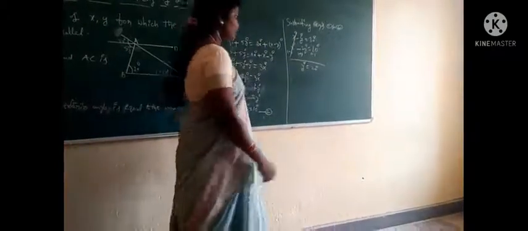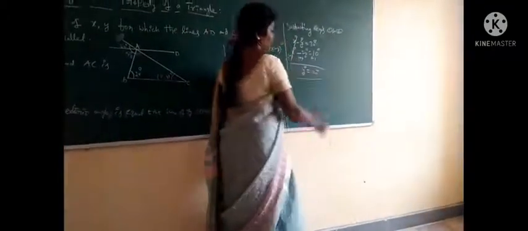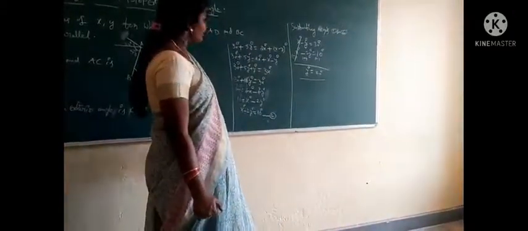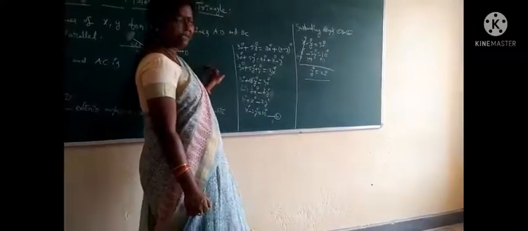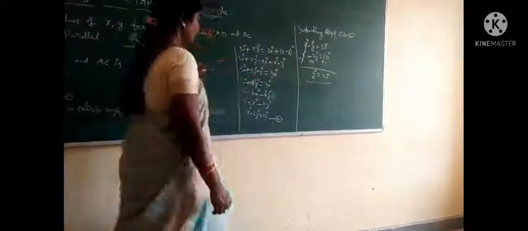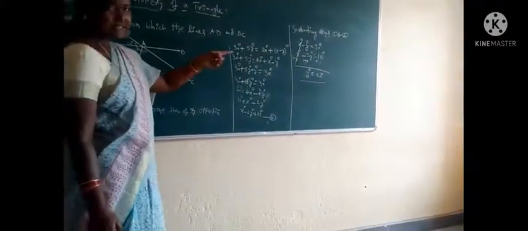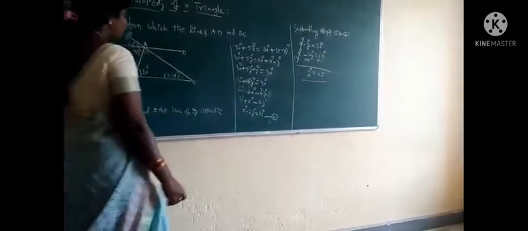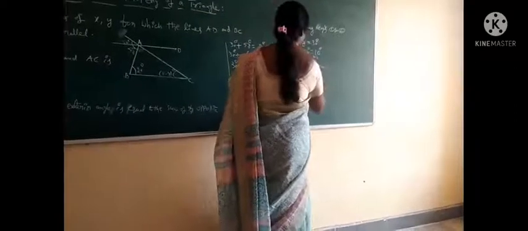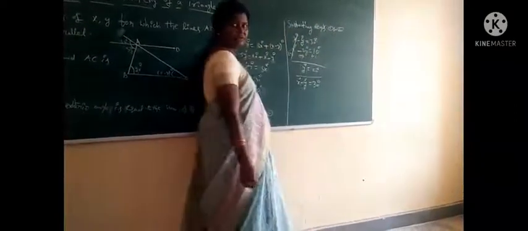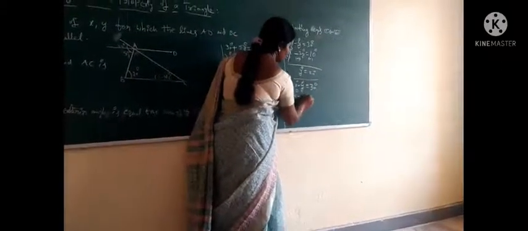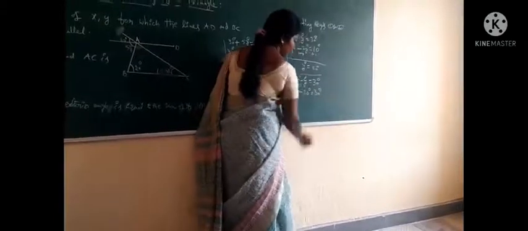So, y value is 20 degrees. Now we find the x value. Substituting the y value in equation 1: x minus y is equal to 30 degrees. x degrees minus y value, 20 degrees, is equal to 30 degrees.